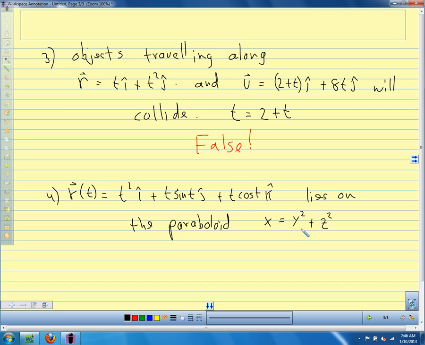As t increases, is our vector on this paraboloid? So we want to know true or false. Say true. And why are we saying true? What could we do? How could we show that this is true?